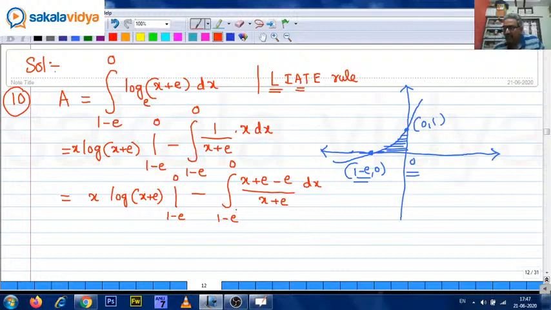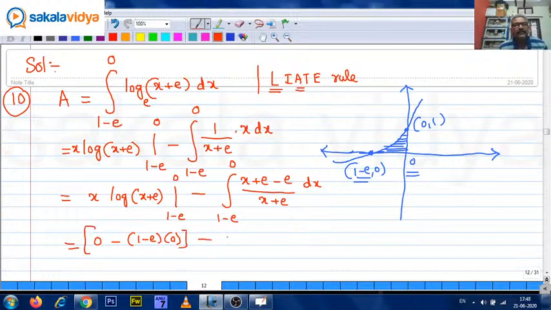Now substituting the upper limit 0, this will be minus of 1 minus e, and 1 minus e cancel, this also becomes 0.